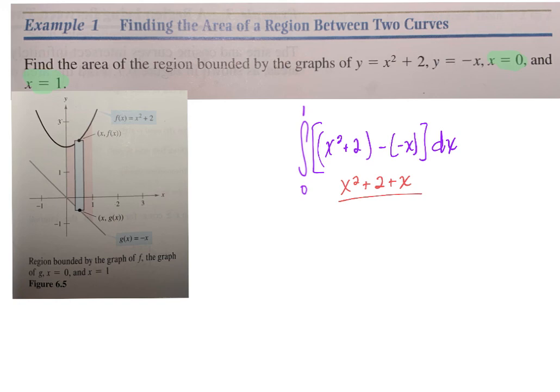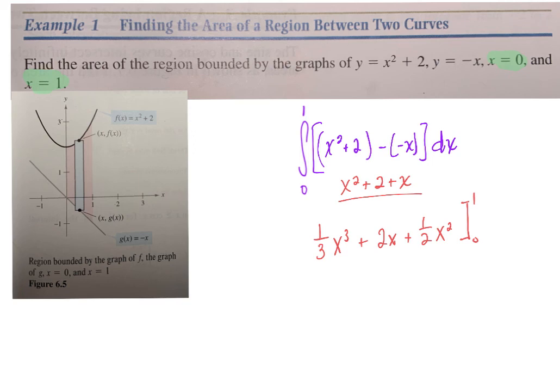Other than that, what's the integration of x squared? That's 1/3 x cubed. Integration of 2 is 2x, and integration of x is 1/2 x squared, from 0 to 1. They were very nice because all of those zero out, so I really just have to do it for 1.